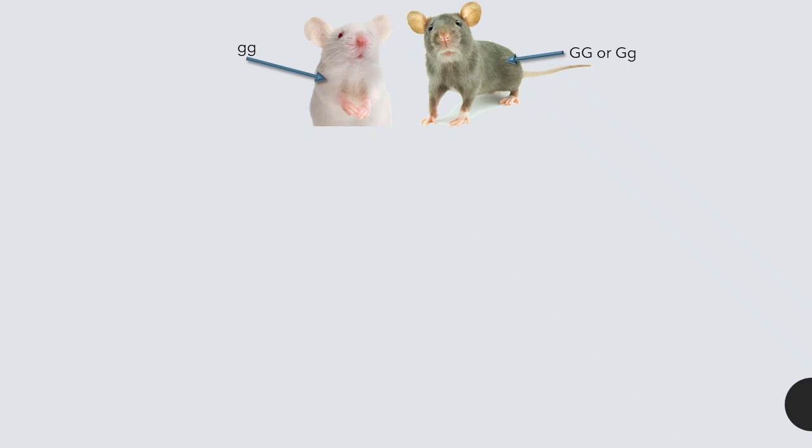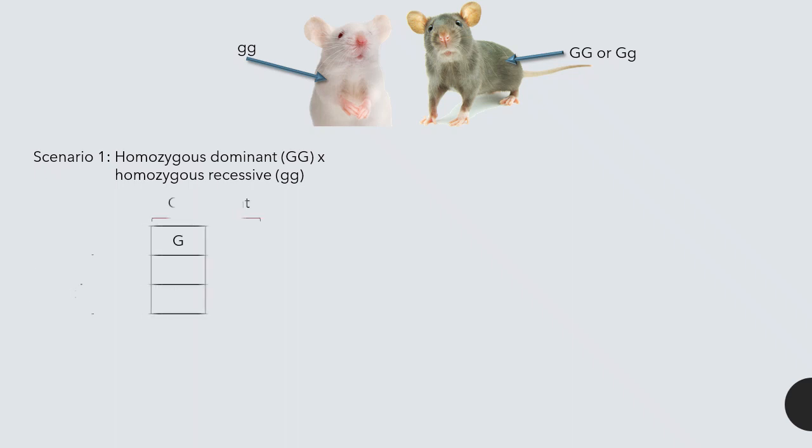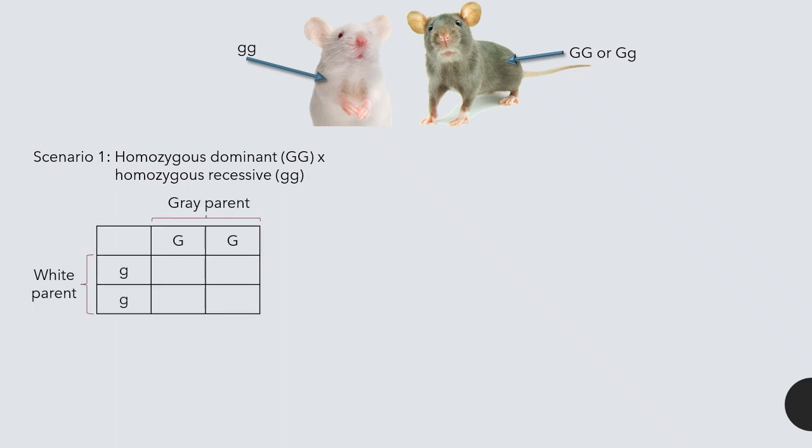In our first scenario, let's consider what would happen if the gray mouse was homozygous dominant. As we did in the monohybrid cross, we'll separate out the parent's alleles into potential gametes and put them in the Punnett square. The alleles get combined to give us the potential genotypes of the offspring.